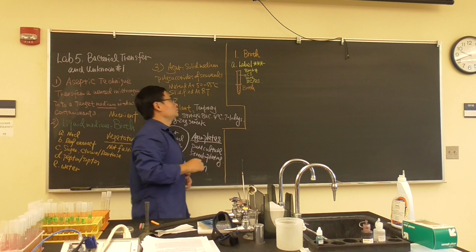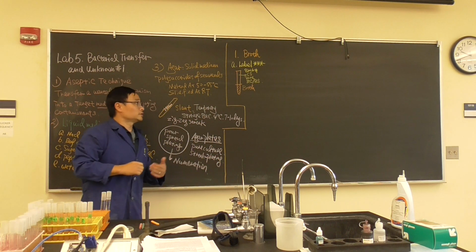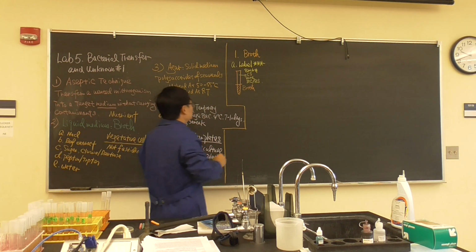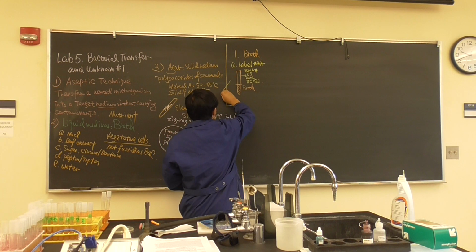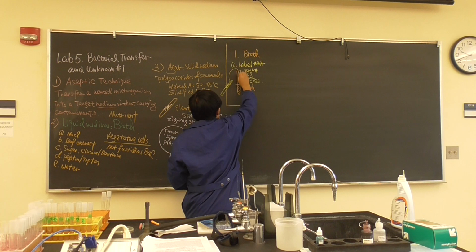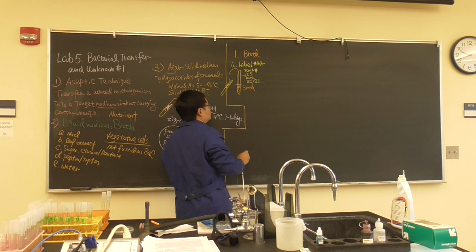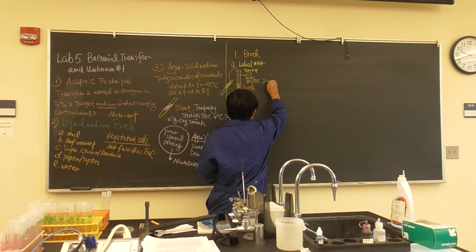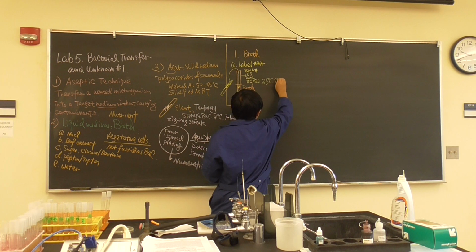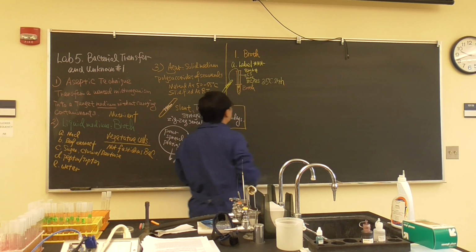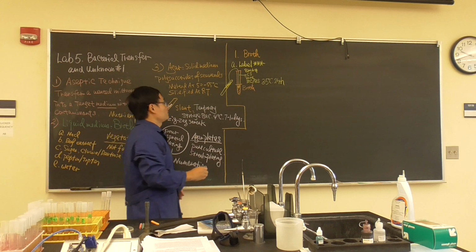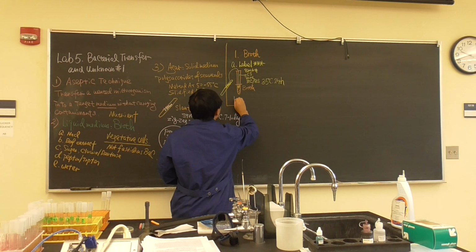These are the information you should put. That's the first thing. You pick the bacteria from the slant and put it in here, and the tube will be stored at 35 degrees Celsius for 24 hours. This is the first thing to do. Very simple. The second thing is a slant.